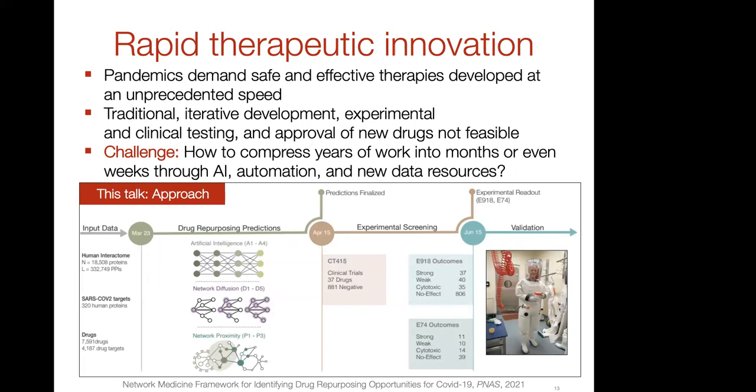And so the observation was that the traditional iterative development and experimental clinical testing and approval of new drugs is not feasible in situations where a public health emergency requires a response that is very fast in identifying novel effective drugs, because the design of a drug from scratch on average takes between 11 and 16 years. And so that's certainly not feasible in the situations that we were in.